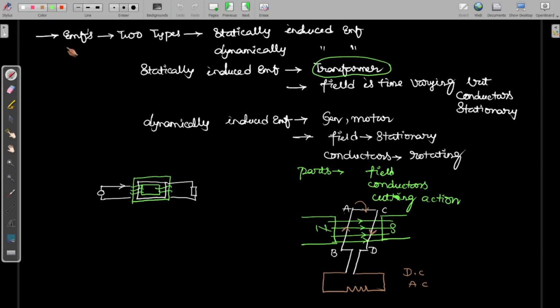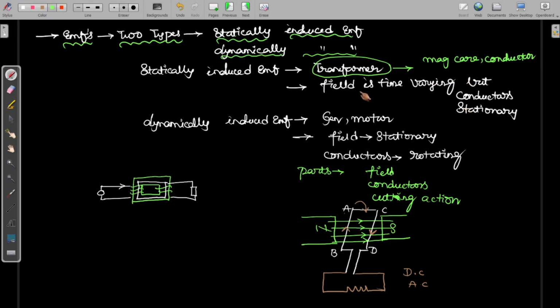Coming to EMFs, we have two types: statically induced EMF and dynamically induced EMF. What is the difference between them? An example of statically induced EMF is the transformer. In a transformer we have a magnetic core and conductors, that is the turns on the primary side and secondary side.